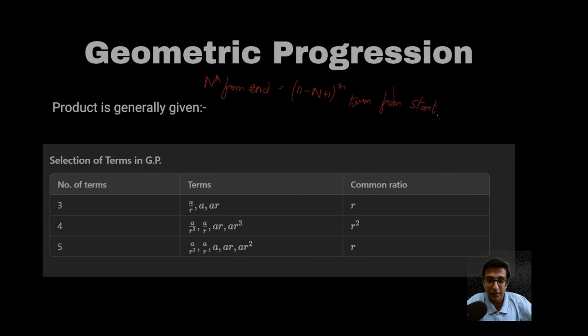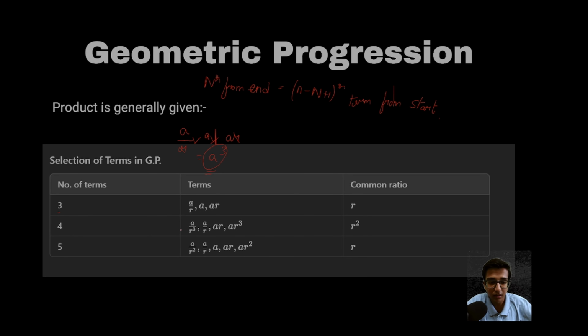And in AP we had studied that the sum would be given in the question. However, when a GP is given, product is generally given. That is why the way of assuming terms is A by R, A and AR, so that whenever we multiply these terms, our terms get cancelled and we get just one term in our equation. So it becomes easier for us to solve questions.